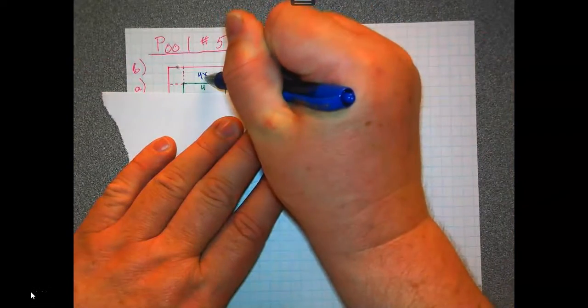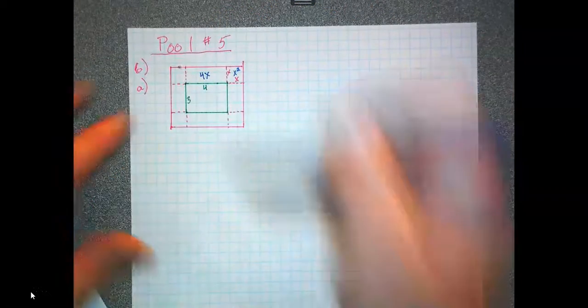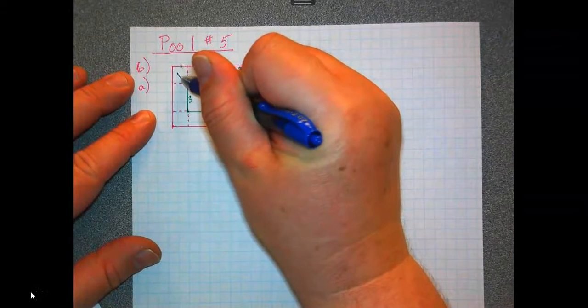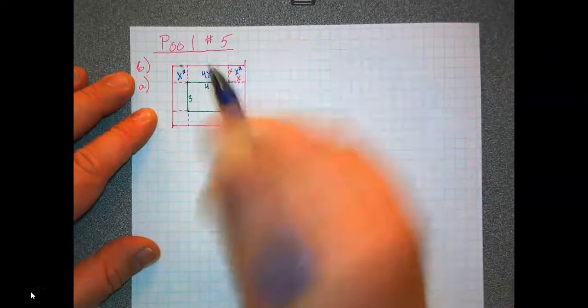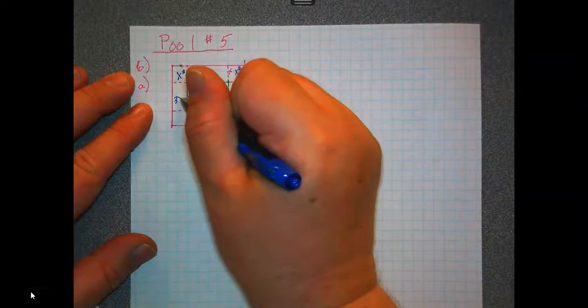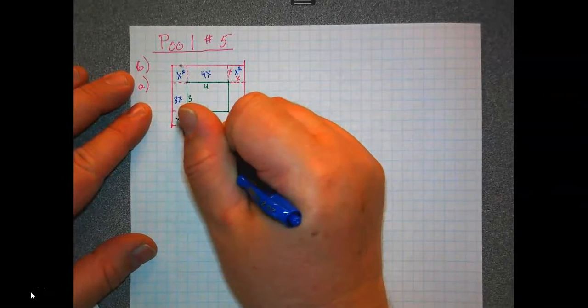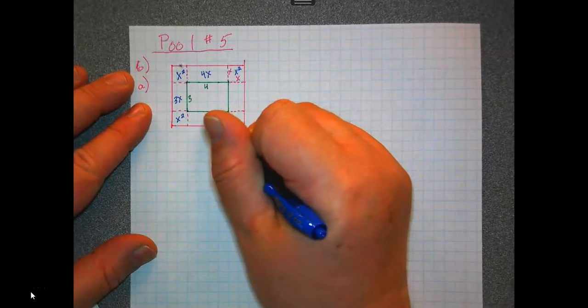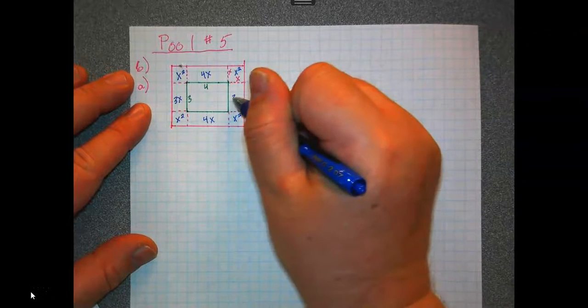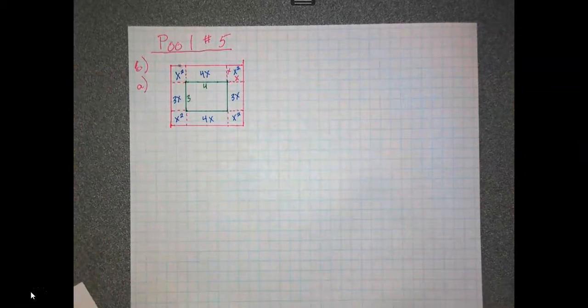Again, this is x times x, so this area is x squared. This rectangle is going to be 3x. Good. So in terms of x, there we go.